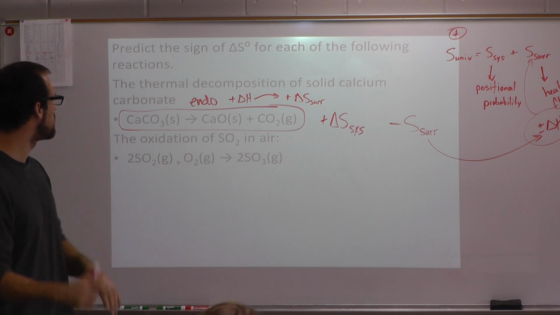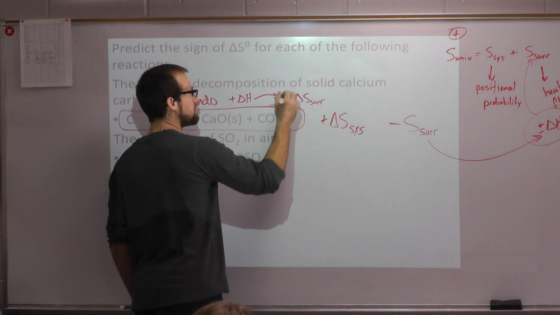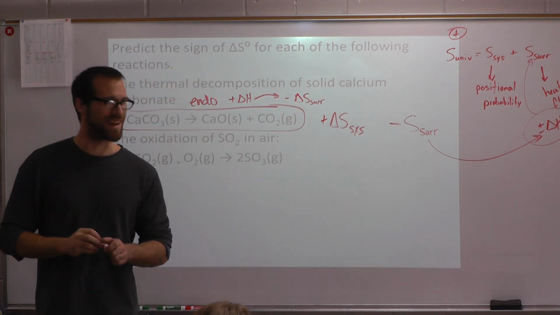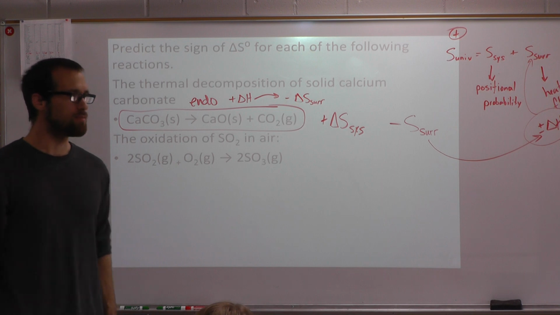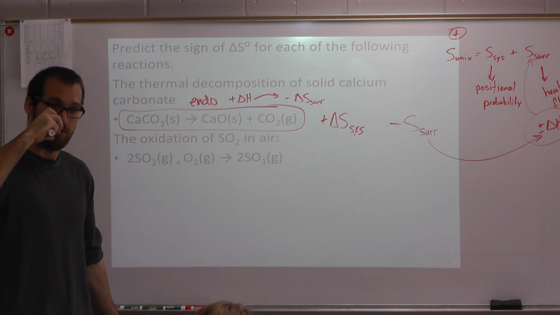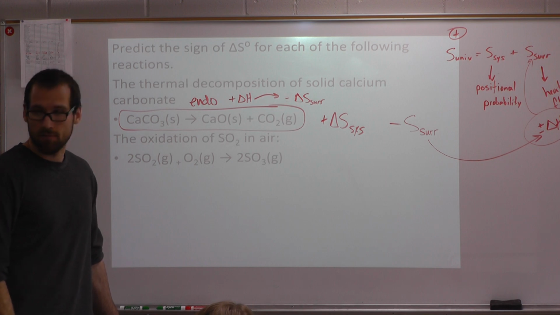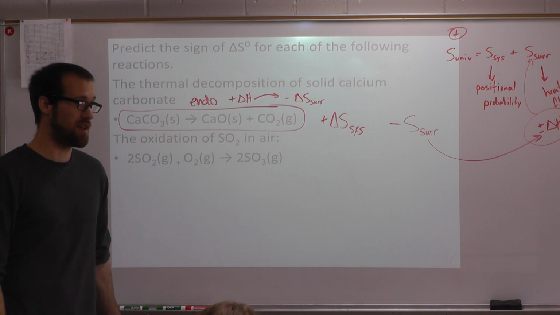Does that make sense now? Okay. So the surroundings are losing energy because the system is gaining it. If the surroundings is losing energy, what's its order like? Or its disorder like?